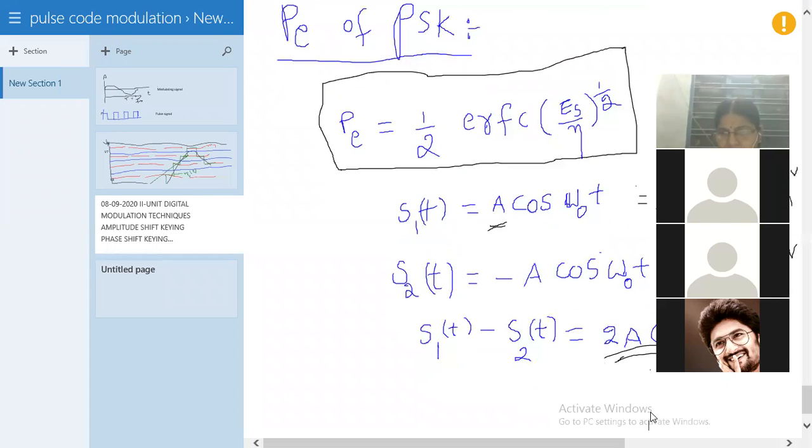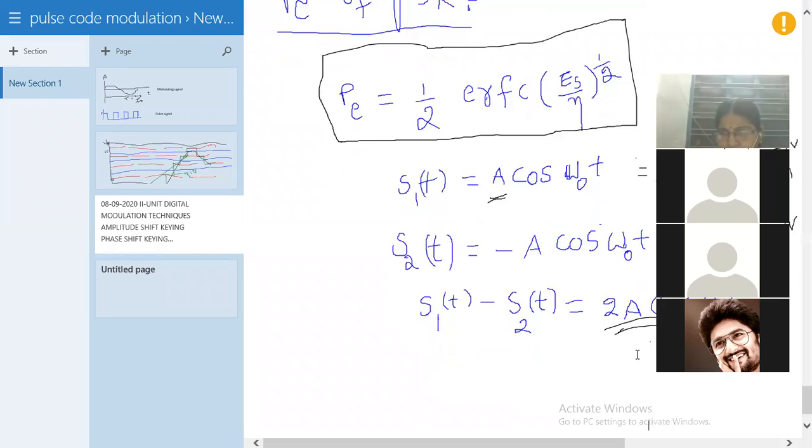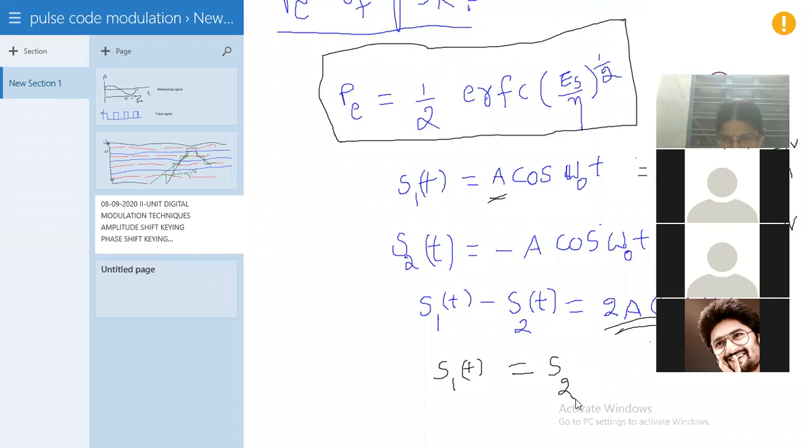That means here in this case, S1 of t minus S2 of t.